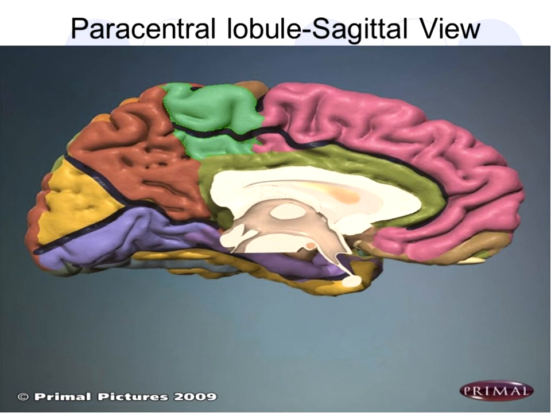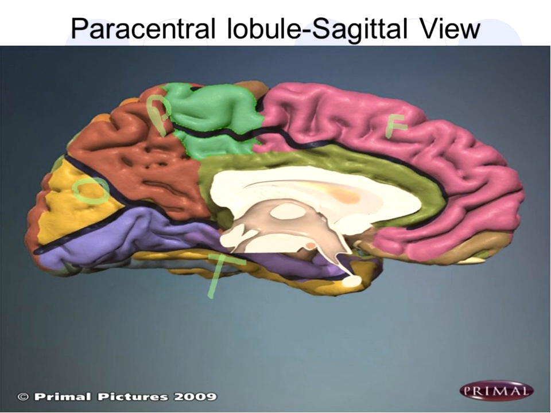If we look at the sagittal view, we will see this is the frontal lobe in the pink. This is the parietal lobe here. And this is the occipital lobe. And the temporal lobe is really down here. Okay? Now, what you're going to see from this viewpoint is what we call a paracentral lobule.